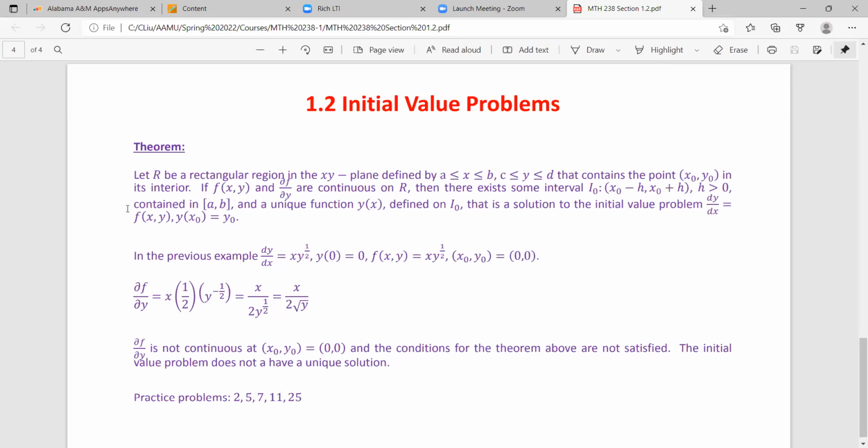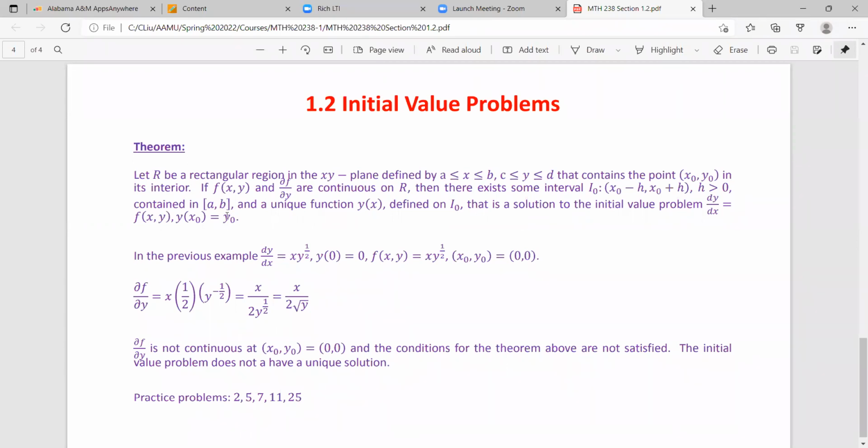You just need to check that this function f on the right side of the equation and the partial derivative of f with respect to y are both continuous in the region we consider. Then it always has a unique solution.